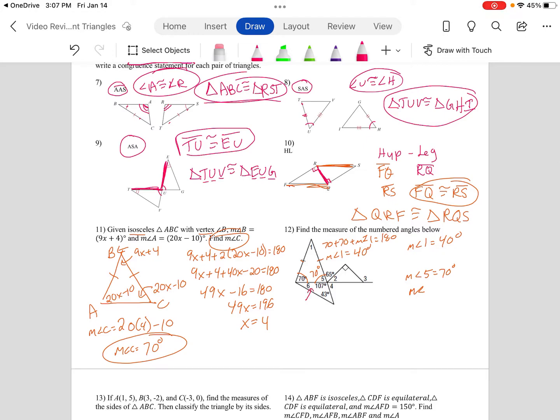I know the angles in a triangle add to be 180, so I know 180 minus 107 minus 43 is going to give me 30 degrees, so the measure of angle 6 is equal to 30 degrees.